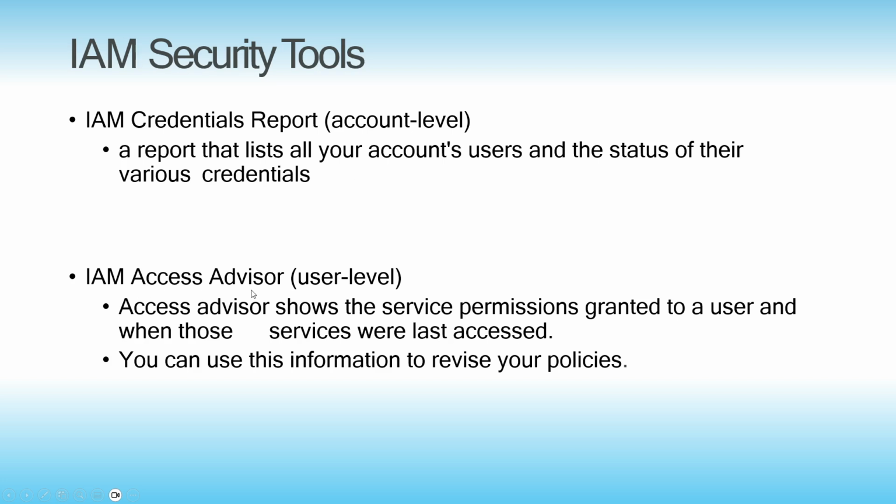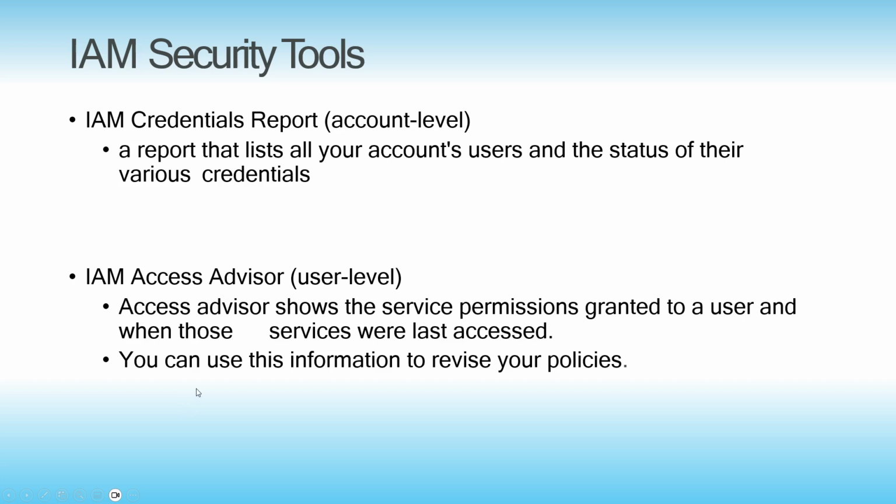And IAM Access Advisor is user level. The advisor shows the service permissions granted to a user and when those services were last accessed. That is, which user has what permission and which user has access, and what services were accessed by this user and the last date.